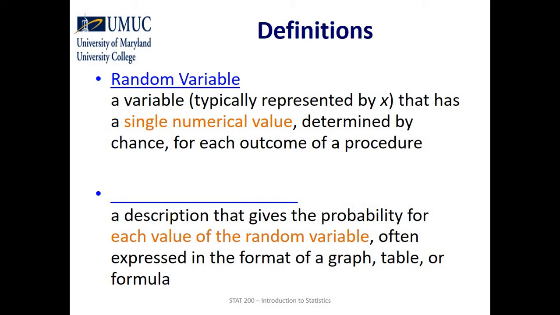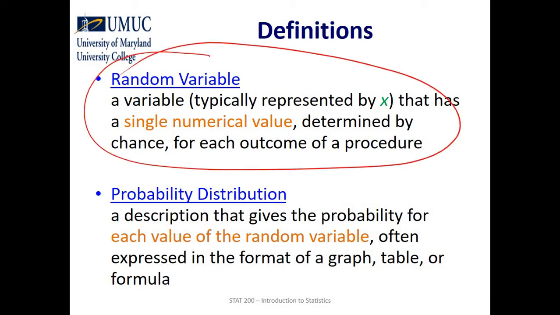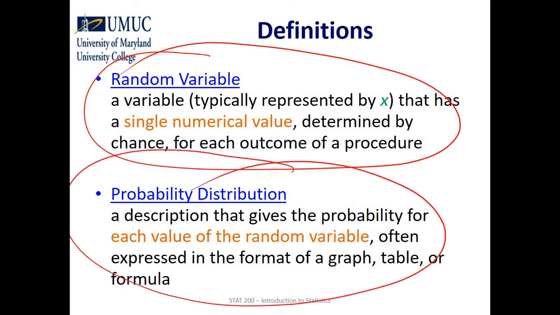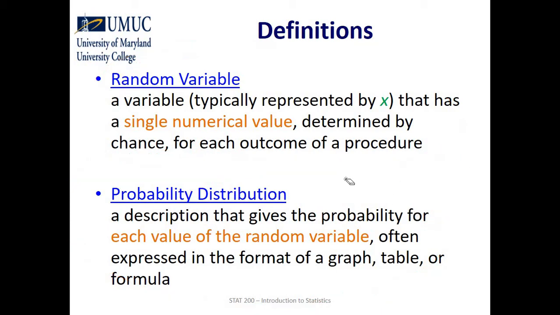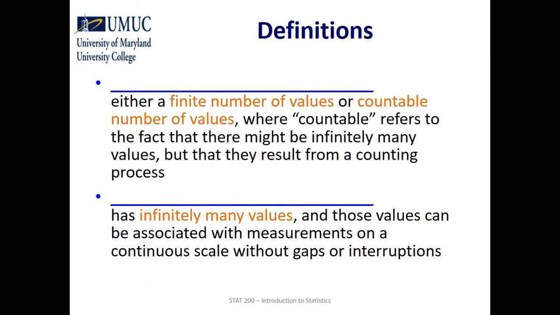That's the determined by chance there. Now, a probability distribution is a description that gives the probability for each value of the random variable, often expressed in the format of a graph, a table, or formula. So random variable is a number. Probability distribution is a way to get a probability associated with every number in the random variable. Okay, so these two go together hand in hand.